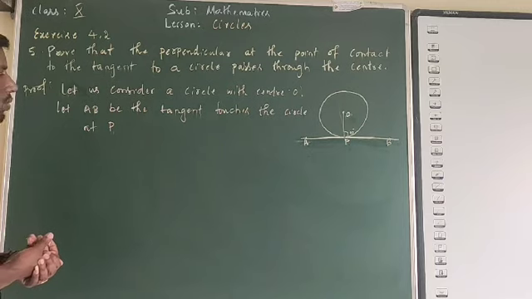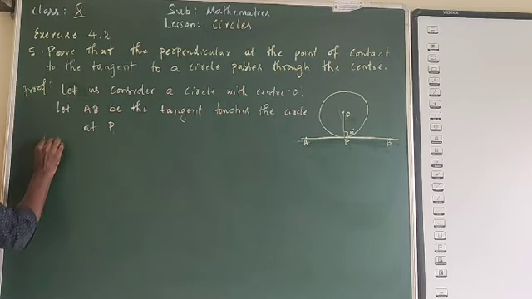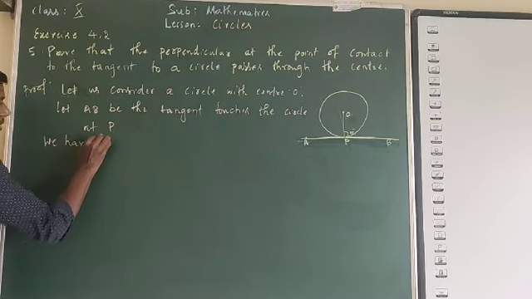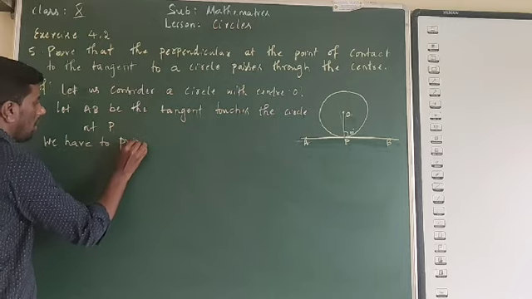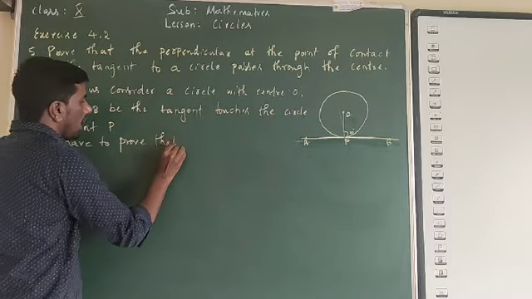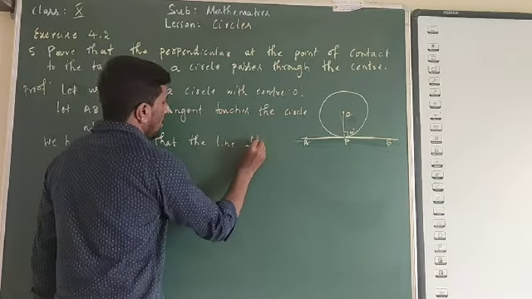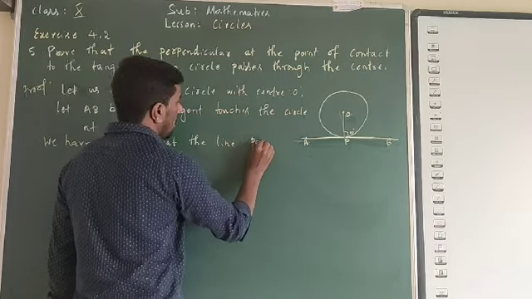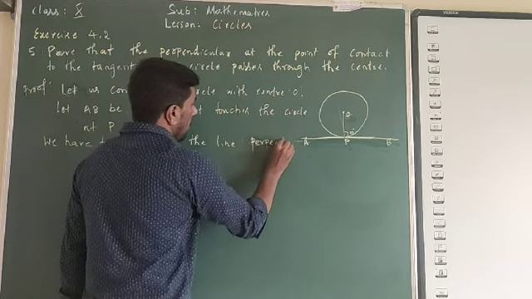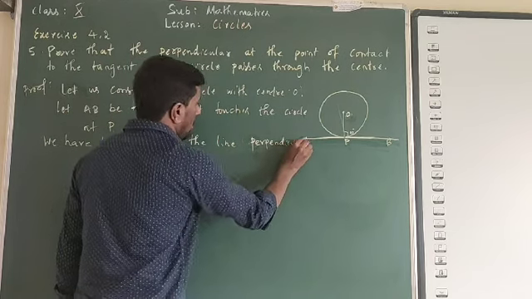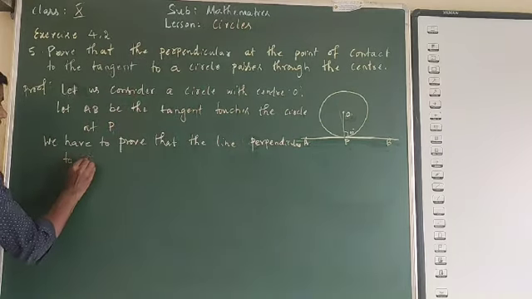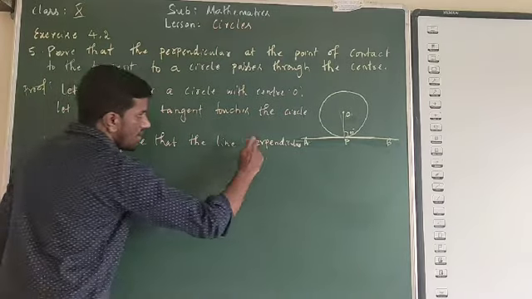So what do we need to prove? We have to prove that the line perpendicular to AB passes through the center. So AB is the tangent, right?